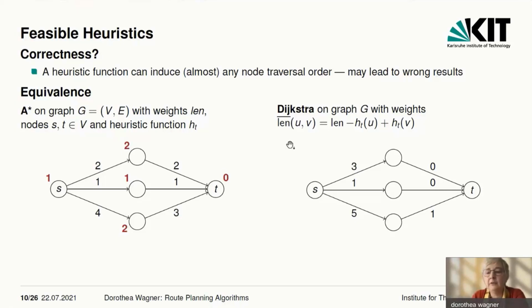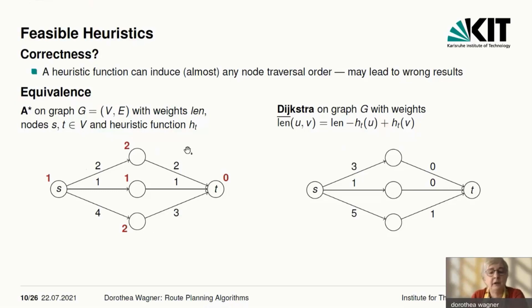Here the new length function is the original length minus the potential of node U with respect to T plus the potential of node V with respect to T.